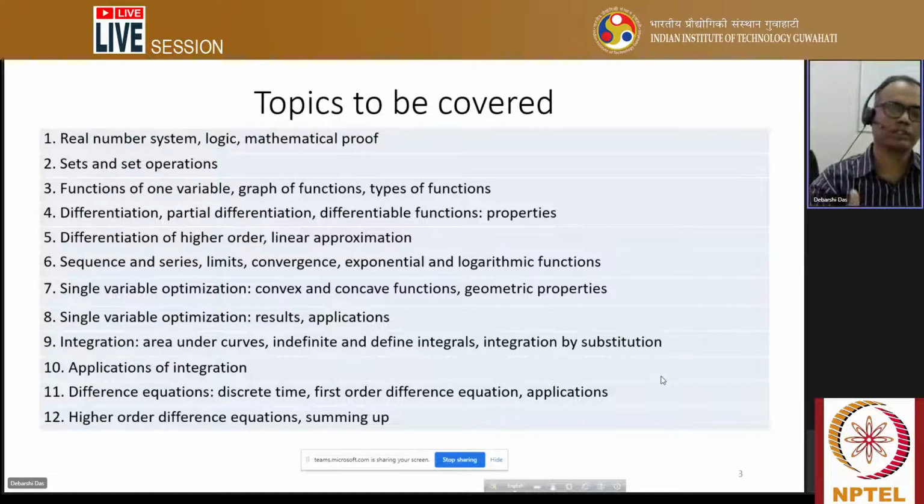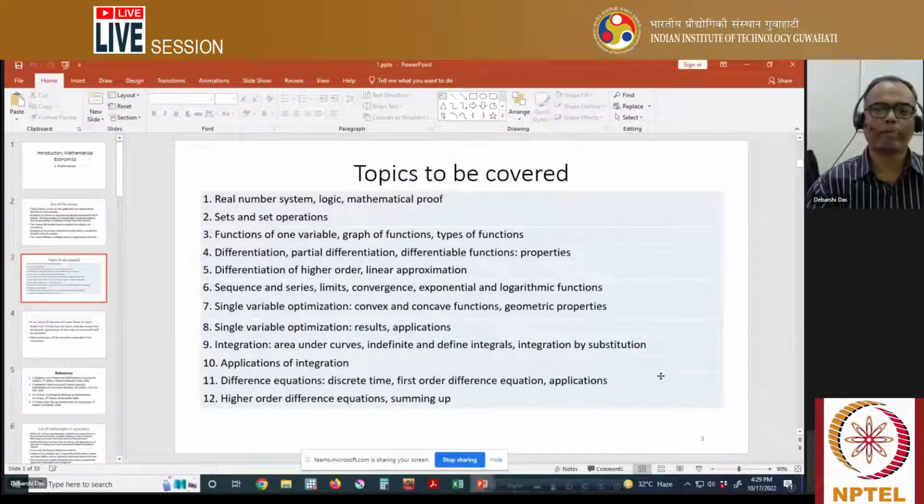Even within a financial year there could be quarters, but even if quarters, these are discrete periods. So if time is considered to be discrete, how do we approach the problem of dynamic changes? One variable is changing with respect to time, and it has some relationship with other variables. Those things are considered in difference equations, but if time is considered to be continuous, then we have to talk about differential equations, which can be taken up at a more advanced level.